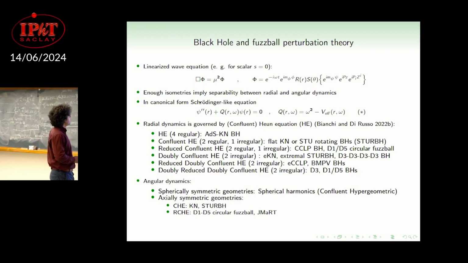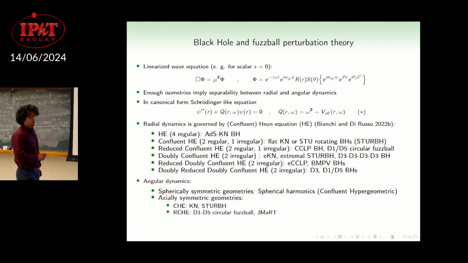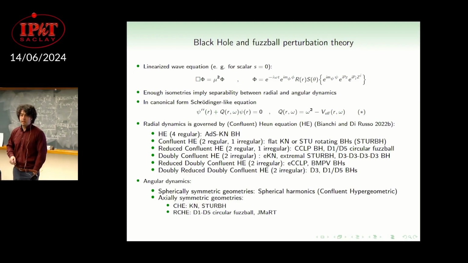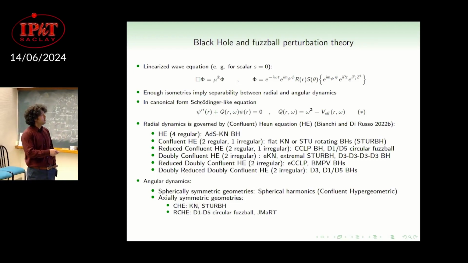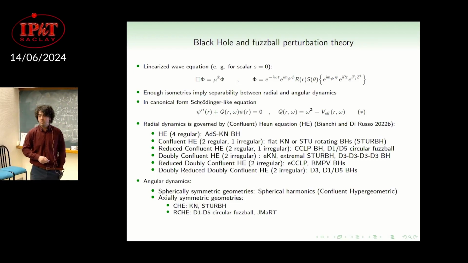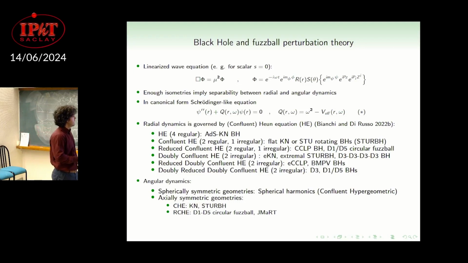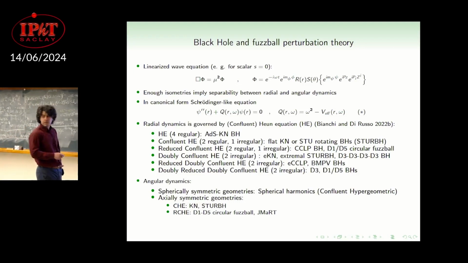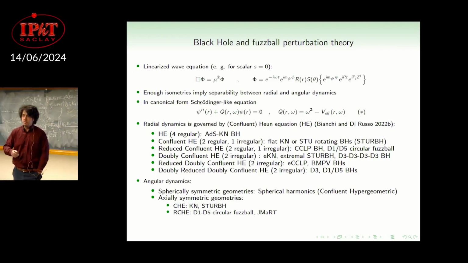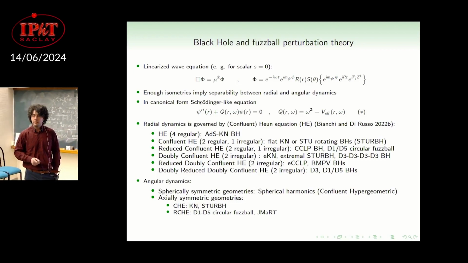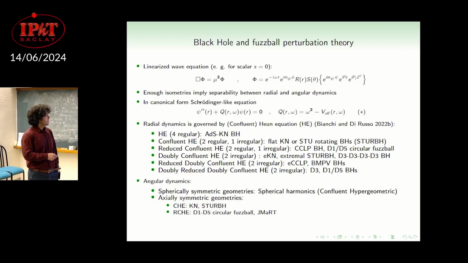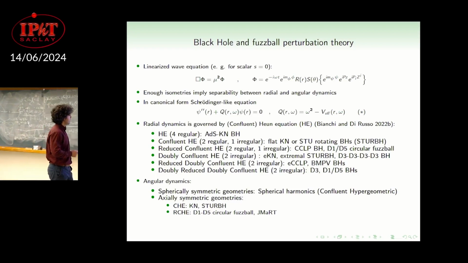The radial dynamics is always governed by the confluent Heun equation or confluent versions of the Heun equation. Here I'm showing a sort of dictionary between the various Heun equations and the black hole or fuzzball solutions. This is for what concerns the radial dynamics.